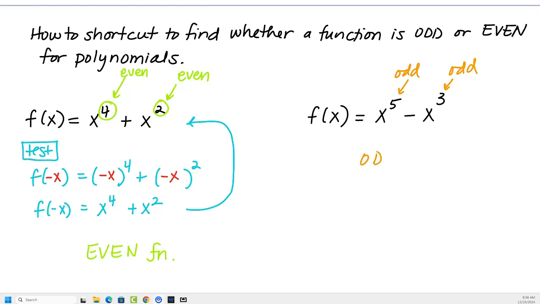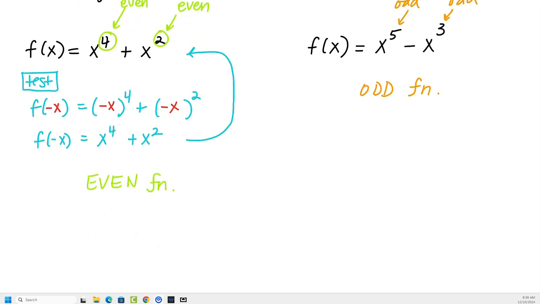That makes this an odd function, because think about it, both those terms are going to change sign because the odd exponent is going to keep the negative that you put in, right? So it's going to make it just the negative of the original function. Got that? Look at this.